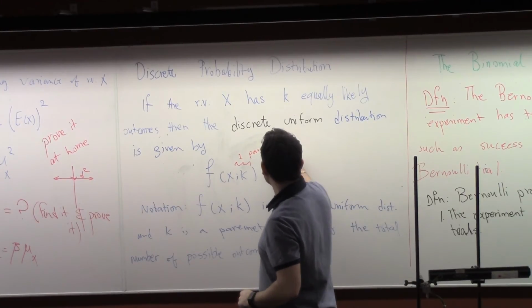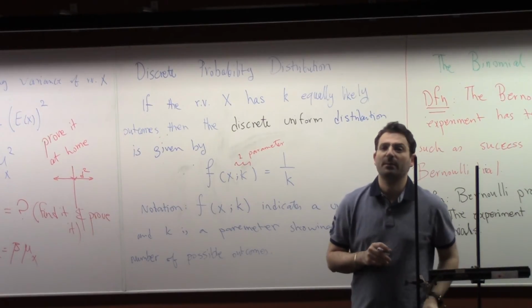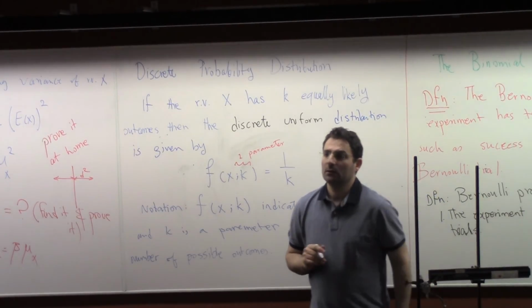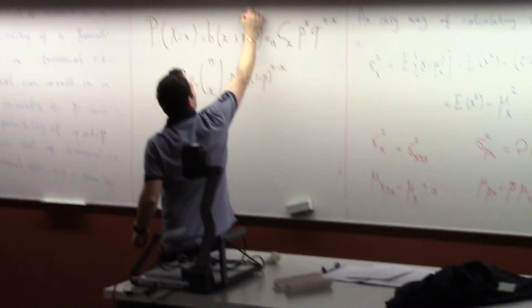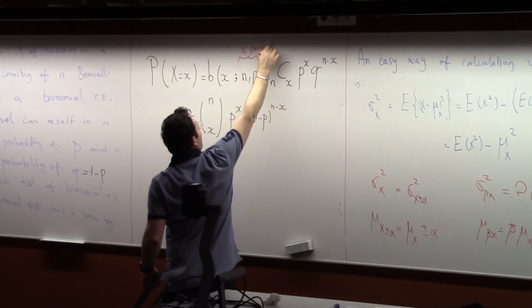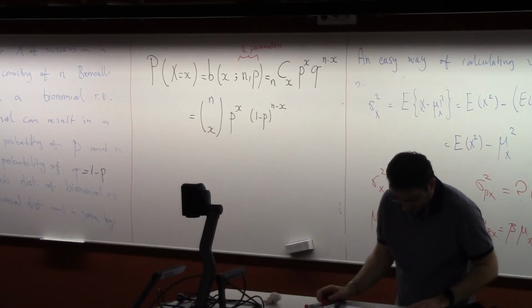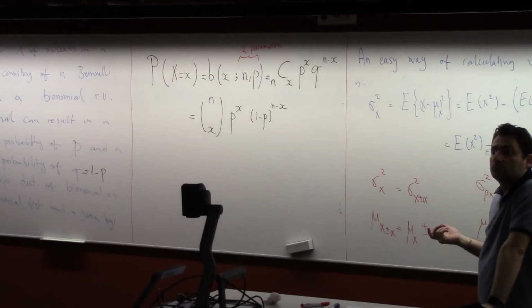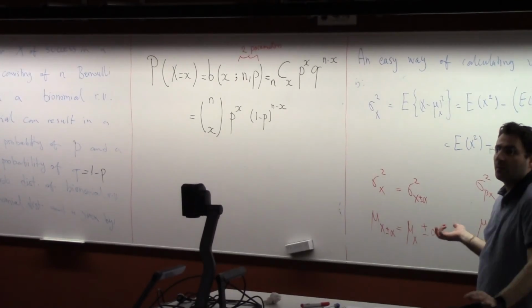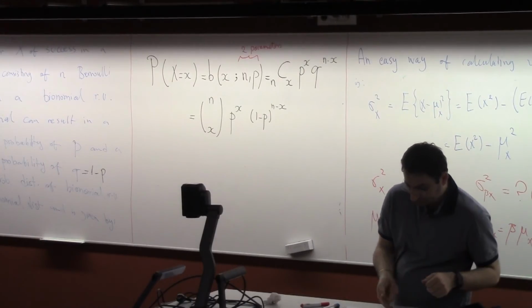Now, if I want to tell you the whole information about the binomial distribution, how many parameters do you need? 2. We need to know n, and we need to know p. So here we have 2 parameters to describe the binomial distribution. Do we need to know about q? No, because it's 1 minus p. If I know p, I can always calculate q.